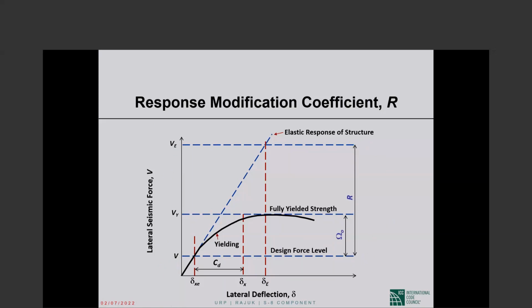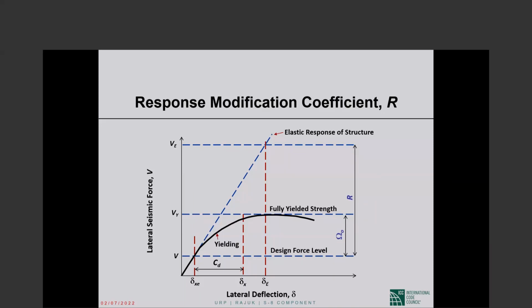Now that is a little bit simplistic. There are complications in it. Complication may not be the right word. There are other aspects to it. When we design a special moment frame of concrete or steel for an R of 8, we are not designing for 1/8 of the force level that would have been needed for elastic response to the design earthquake.